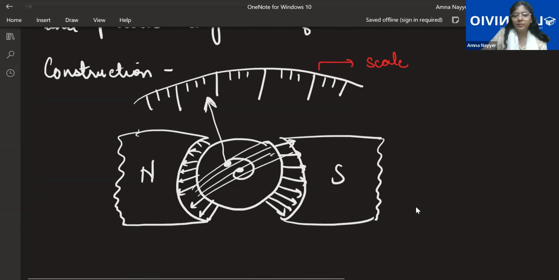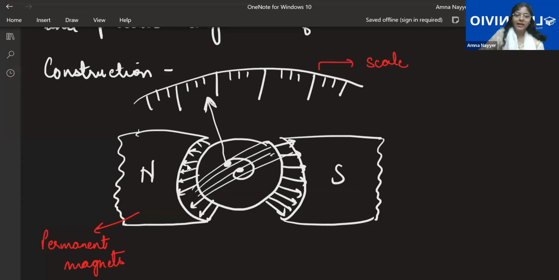Then here you have the permanent magnets. These are radially curved, means the magnet is like this, and then this is radially curved like this. Then the south part is taken and the southern part is also radially curved like this, so as to get a radial magnetic field.